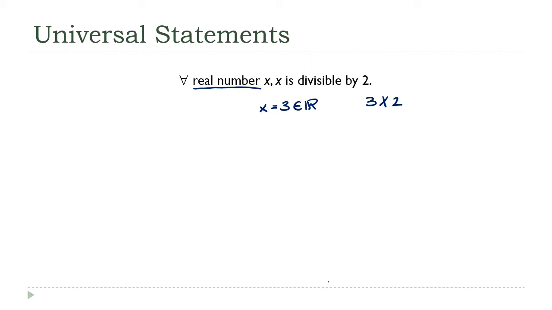So because there exists a number in the domain for which the predicate Q is false, the entire statement is false. Now, it's true that there are other values in the domain for which Q is false, as well as some for which Q is true. But when we're talking about universal statements, one false example is all you need to determine that the statement is false. And this one false value here is what we refer to as a counterexample.